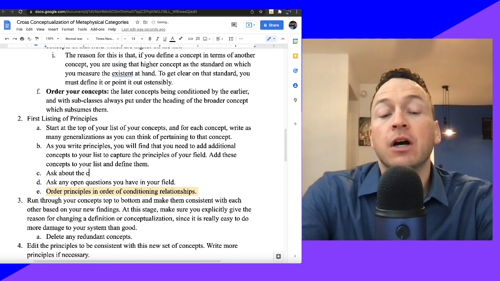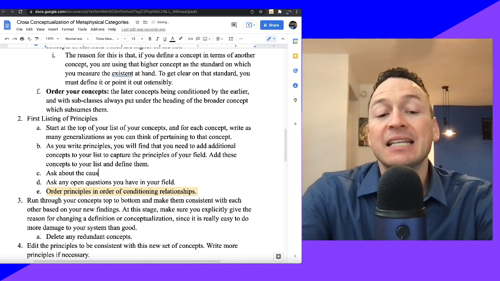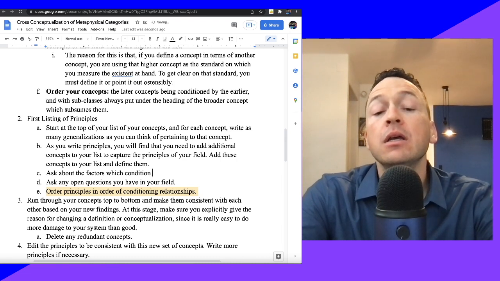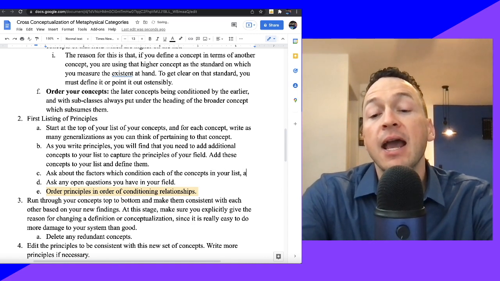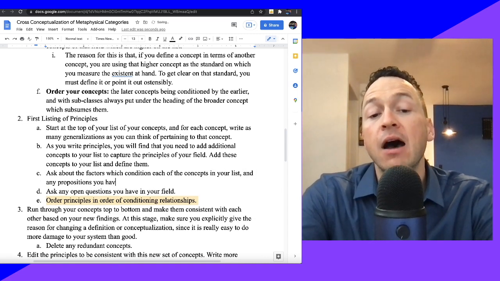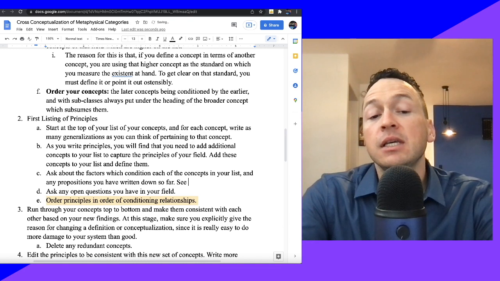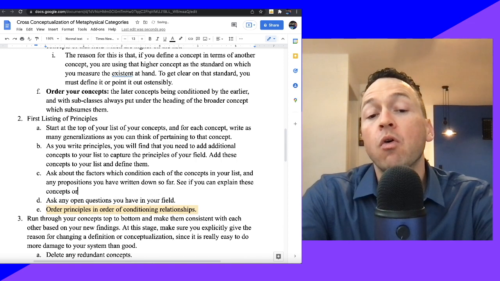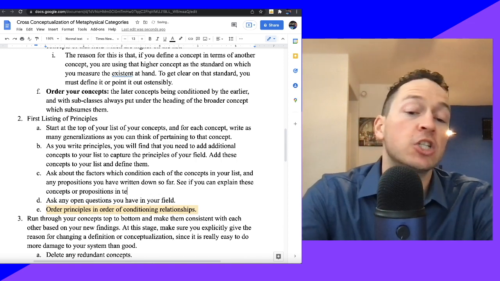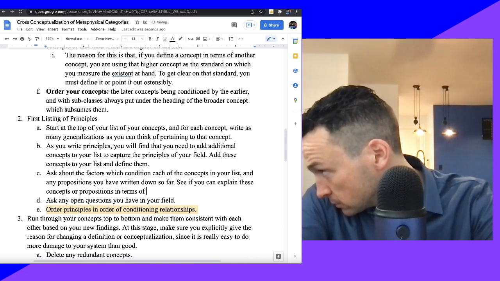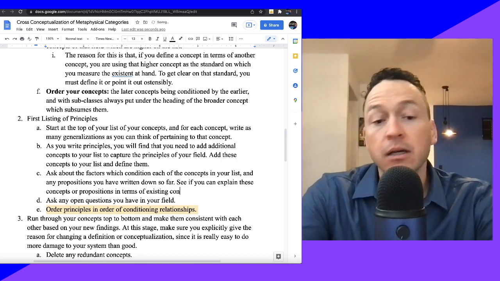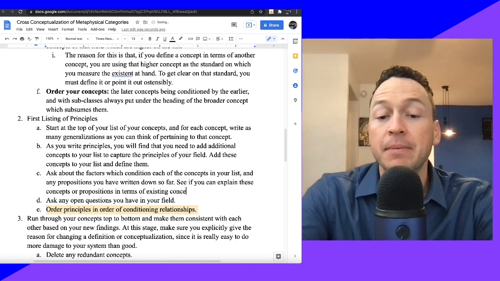Ask about the factors which condition each of the concepts in your list and any propositions you have written down so far. See if you can explain these concepts or propositions in terms of existing concepts and propositions.